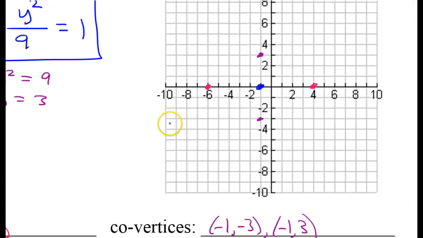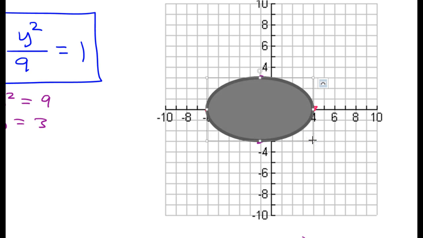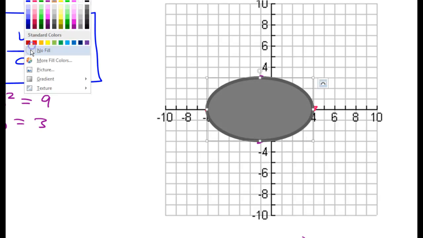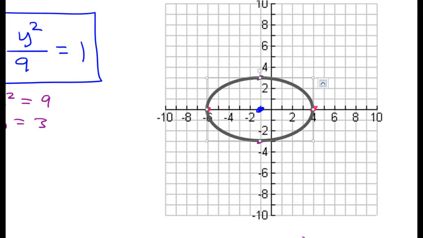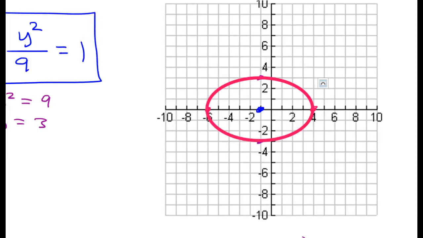Those are my covertices. Okay, I could draw the ellipse right now, so I think I shall. Just get that out of the way. Okay, so there's my ellipse.